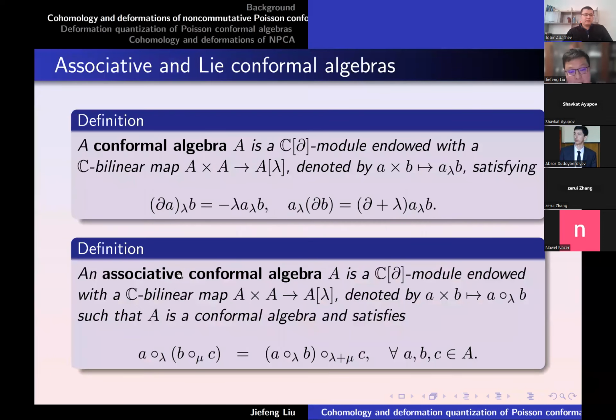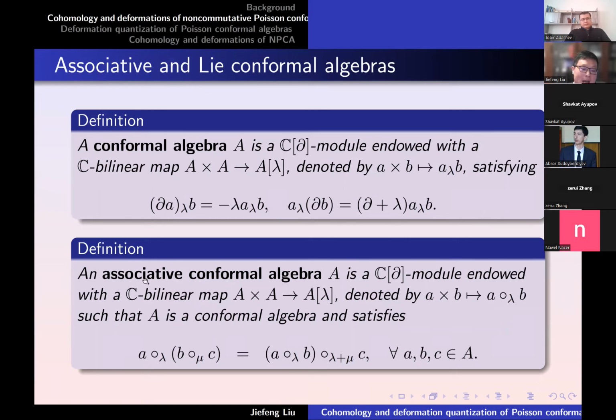First, we recall some notions of conformal algebra. Our conformal algebra is a C[partial]-module A with a complex bilinear map from A cross A to A[lambda]. This A bracket lambda B means a polynomial in lambda with coefficients in A, and satisfies the following two conditions, which are also called semi-linear conditions.